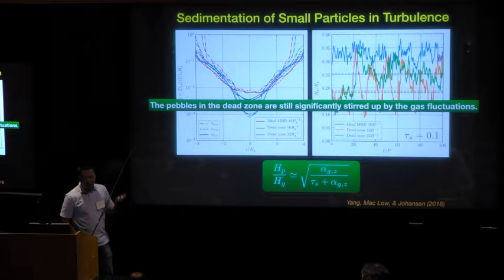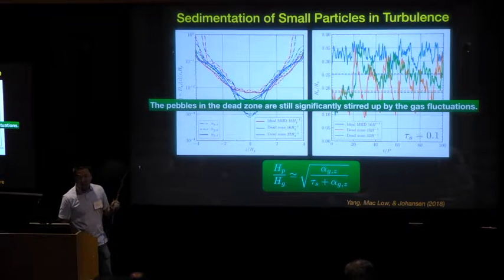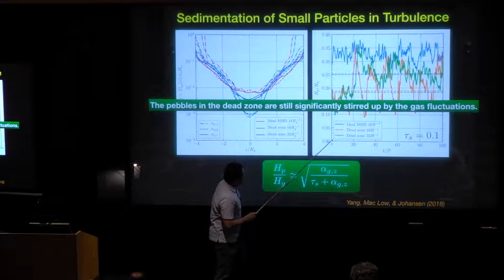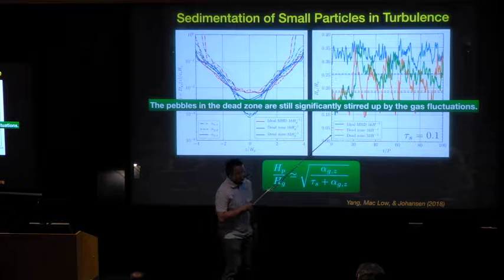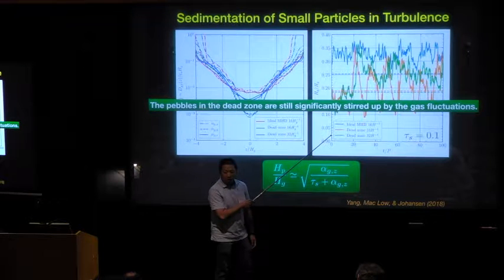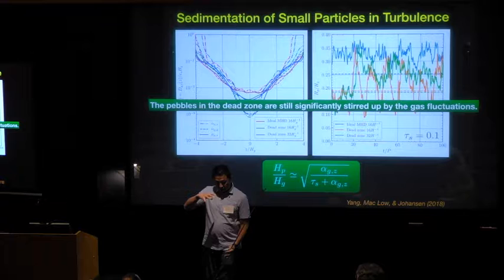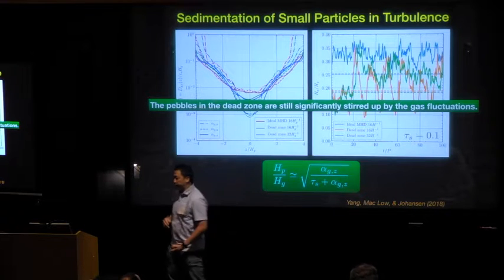So the particles are still significantly stirred up by the gas. And I need to point out here, 0.02 is what the laminar disks give you, but given the turbulence, you are still excited by almost 1 order of magnitude up, very puffed up.